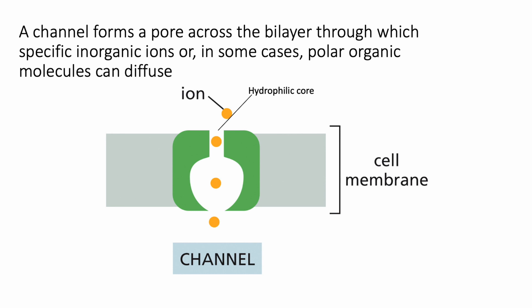It turns out that hydrophilic core is generated by the transmembrane domains, but specifically by amphipathic alpha helices. So remember, we talked about amphipathic alpha helices, where you have the polar R groups on one side of the helix and the nonpolar R groups on the other side of the helix. So let's take a look at that.